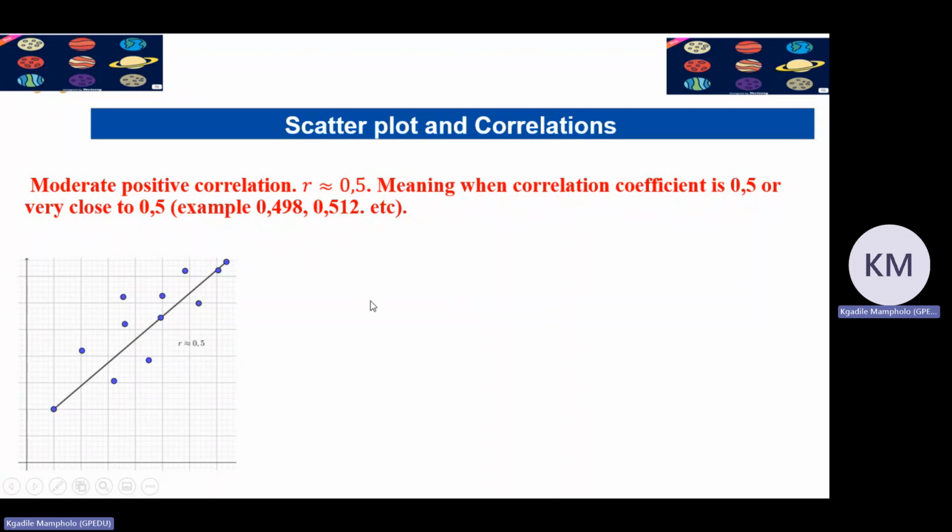You can also determine that without a scatter plot. If you calculate R and find that R is 0.5 or any number close to 0.5, like 0.498 or 0.512, then you'll say there is a moderate positive correlation.